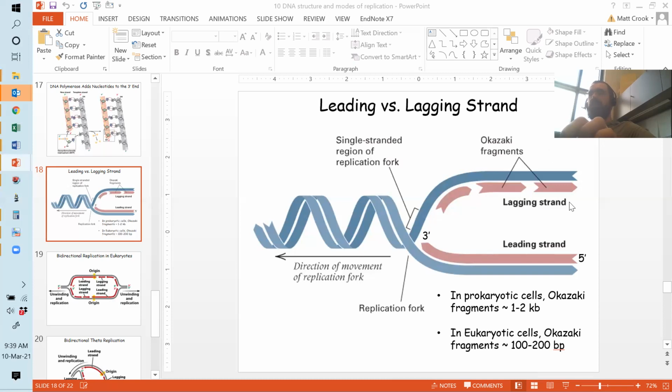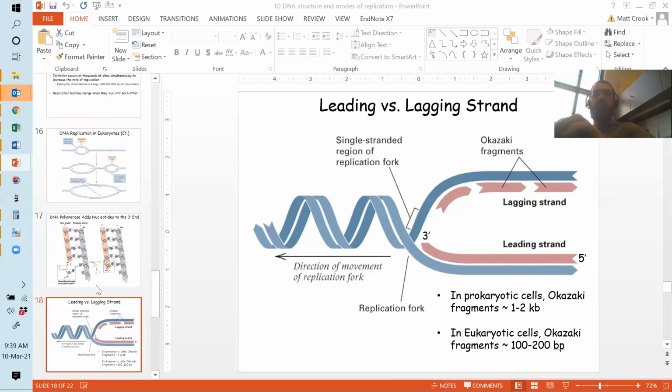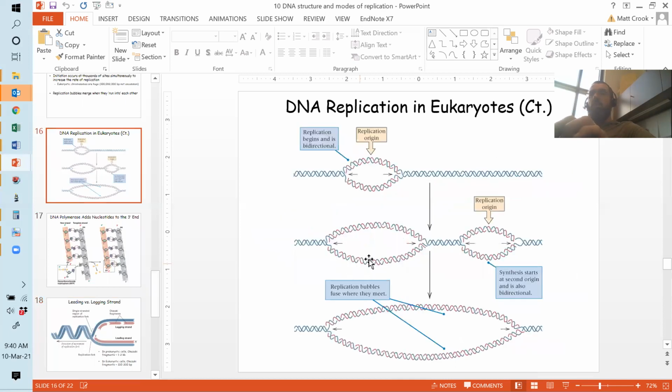If you think about the leading strand, you get one leading strand per replication fork. So if you have a large bubble, this will just be all one strand. This can go for potentially thousands of base pairs.